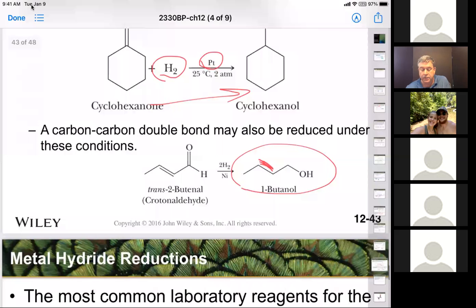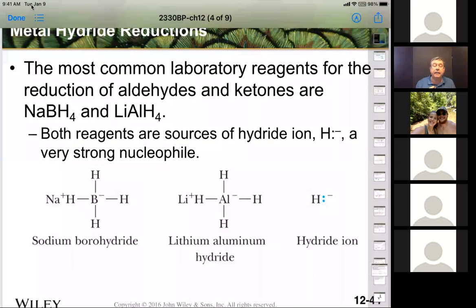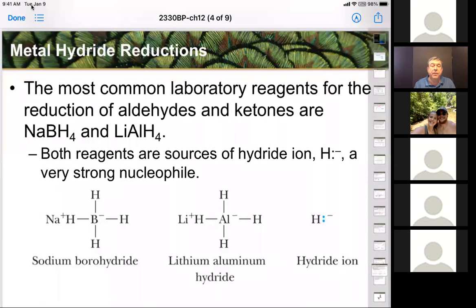To be very specific and only attack that, we do what we call hydride reductions, or metal hydride reductions. We have a metal that participates in the reaction, but the big part is the idea that we are adding a hydride. So what's a hydride?